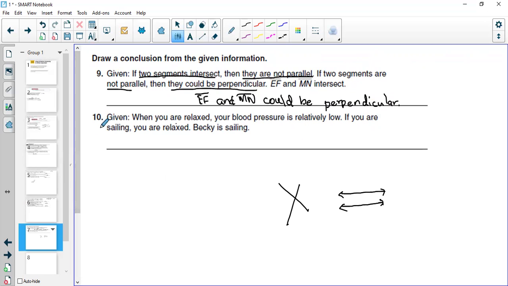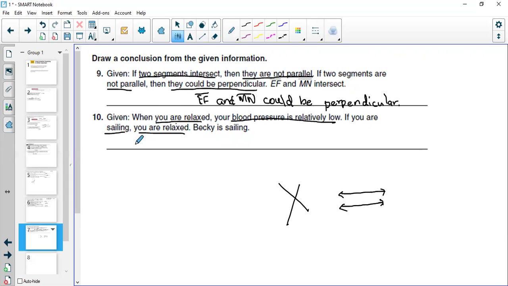Okay, the next one. When you are relaxed, your blood pressure is relatively low. If you are sailing, you are relaxed. So there is a connection between each of them, right? If you are relaxed, your blood pressure is low, and when you're sailing, you are relaxed. Becky is sailing. So what is the conclusion we can derive from this?